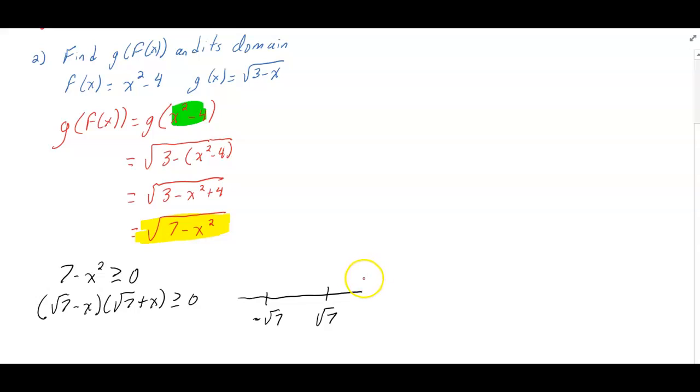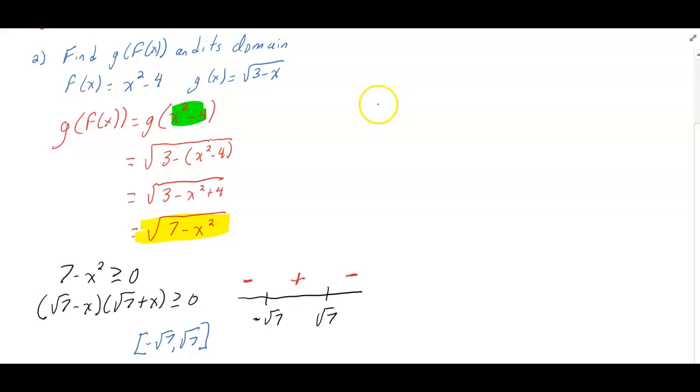So if you pick a number bigger than root 7, you got to test if it's positive or negative. In this case, it'll be negative. If you pick a number in between negative root 7 and 7, that quantity will be positive. And to the left of negative root 7 is negative. So the domain here would be negative root 7 to root 7.